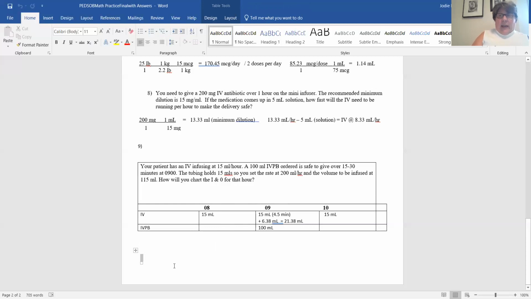You're going to convert that to the hour rate. So you'll have 1 hour over 60 minutes. And then in the next position, you'll have 15 milliliters over 1 hour.